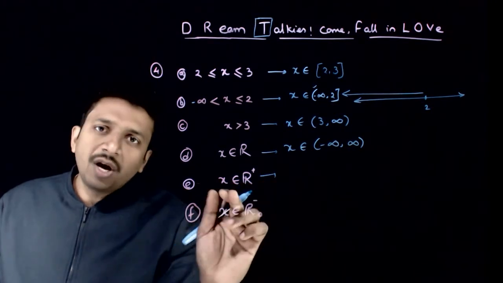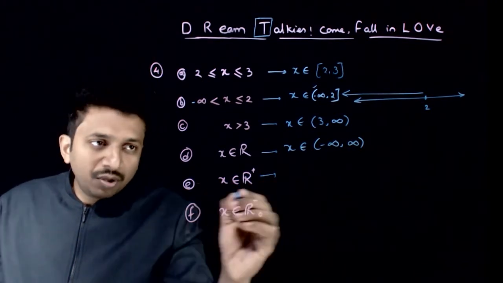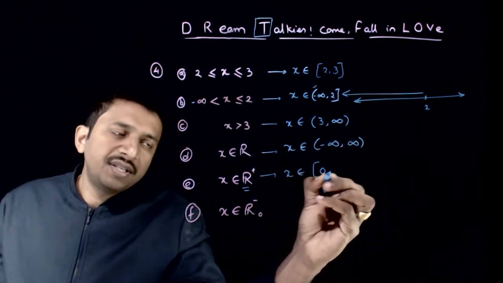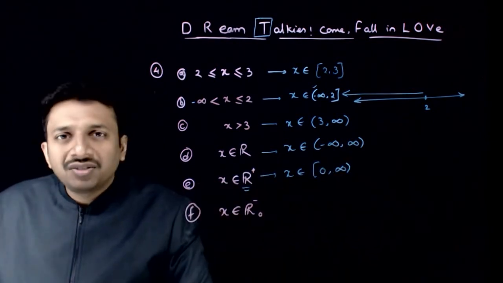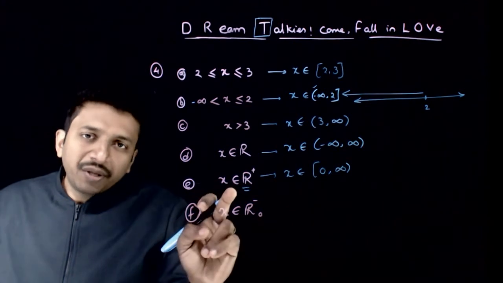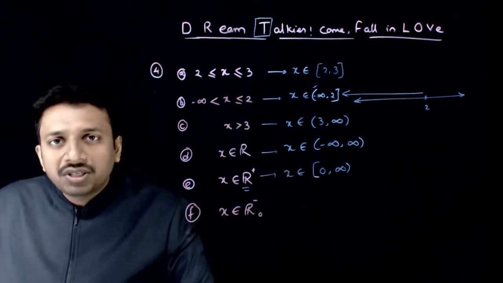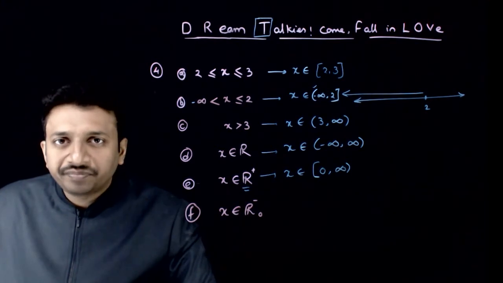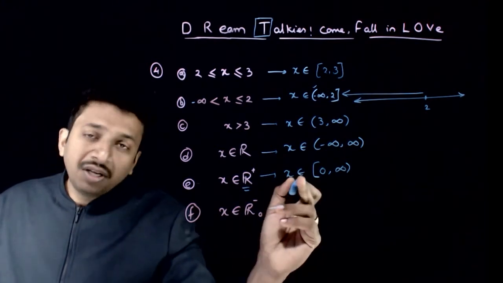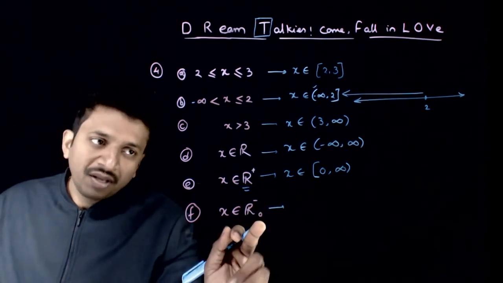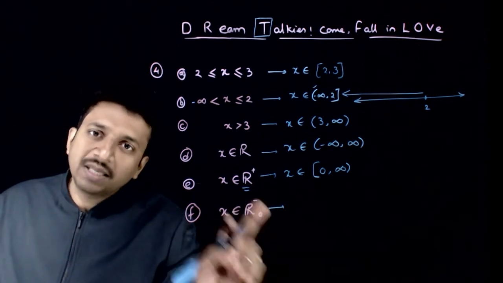And x belongs to R plus. Usually this R plus denotes closed 0 to infinity. That's what is usually done. So whenever you write R plus, that means you're talking about closed 0 to infinity. And if you don't want to include 0, we usually write it below. R minus except 0.